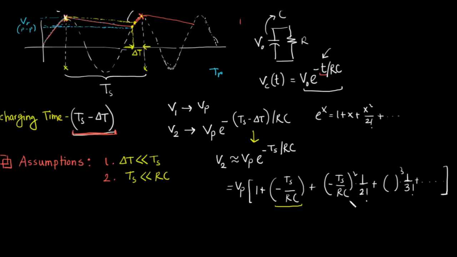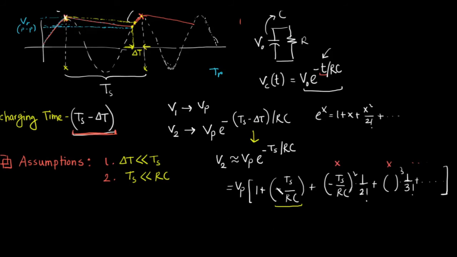That means (Ts by RC) square will be even smaller than Ts by RC, and (Ts by RC) cube even smaller than (Ts by RC) square, and so on. So if RC is big enough, we can neglect all the higher power terms.